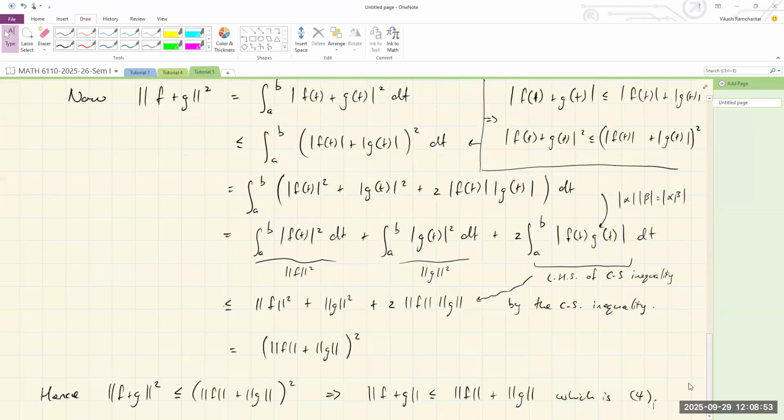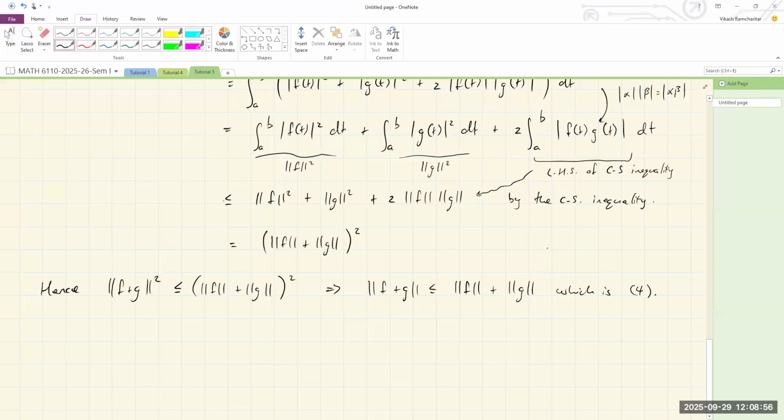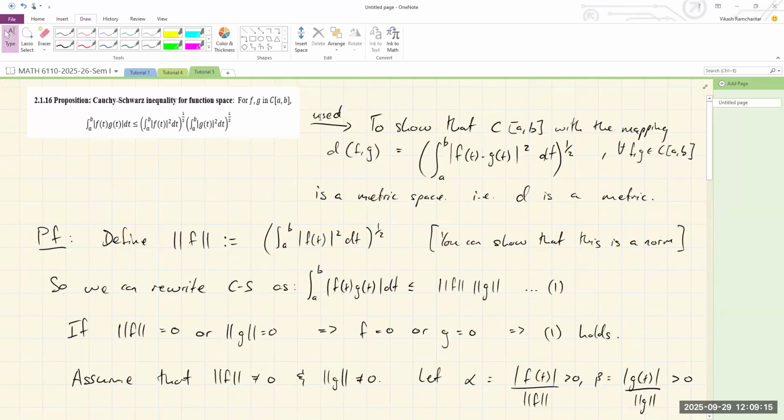Okay, which is inequality 4, and that is of course the Minkowski inequality. So that's the Minkowski inequality. So I said in the beginning that all of this is really used when we want to show that the space of continuous functions on a closed and bounded interval [a, b] with this particular metric is a metric space.